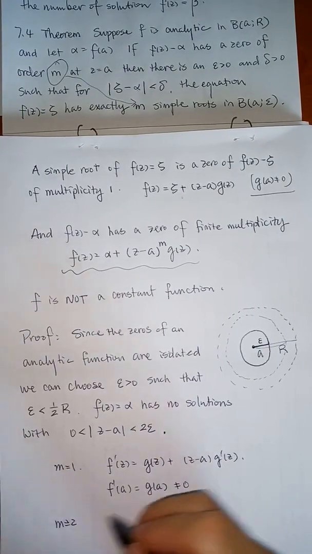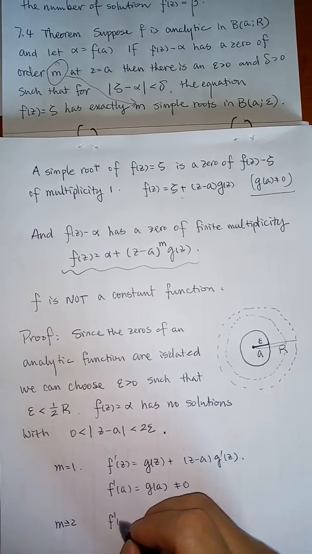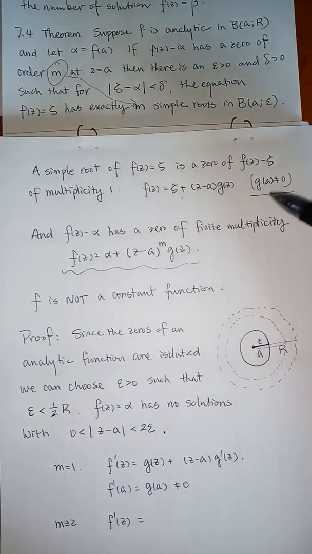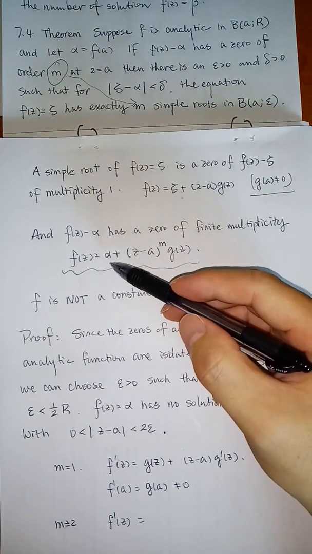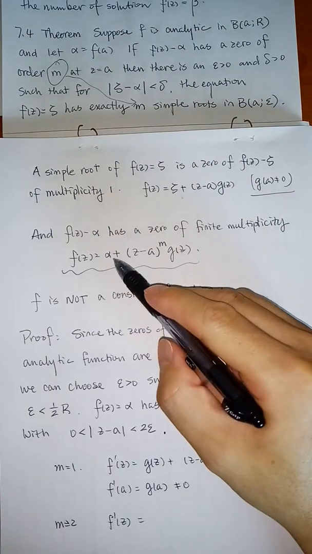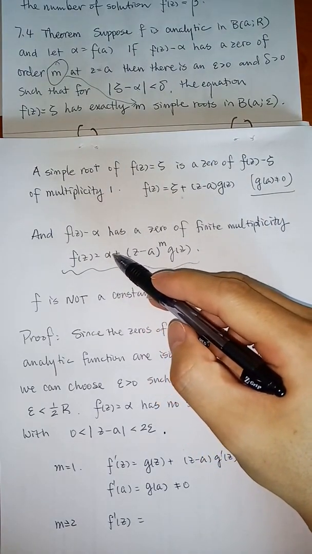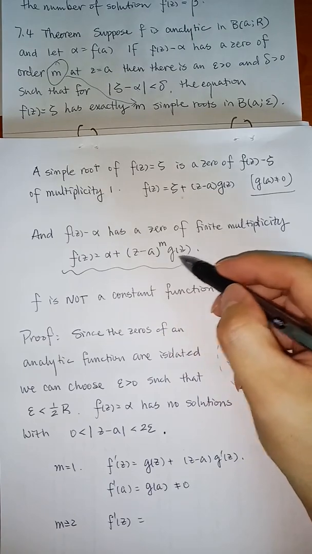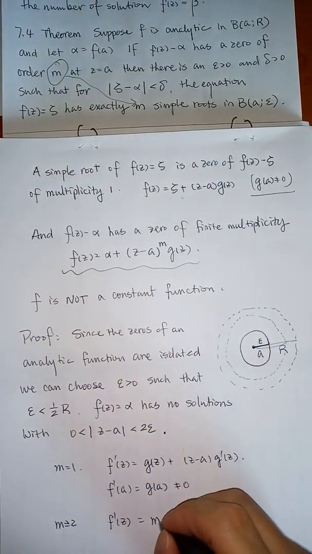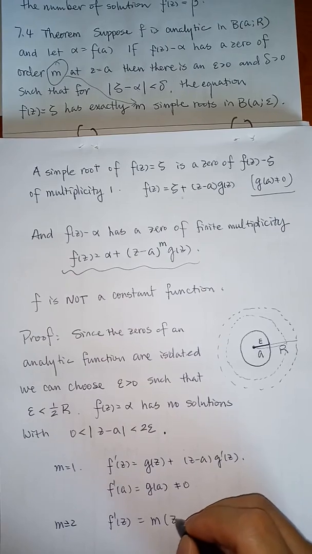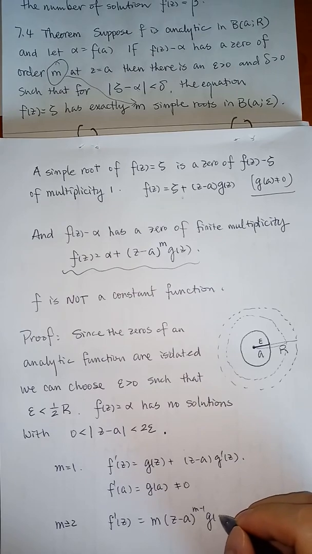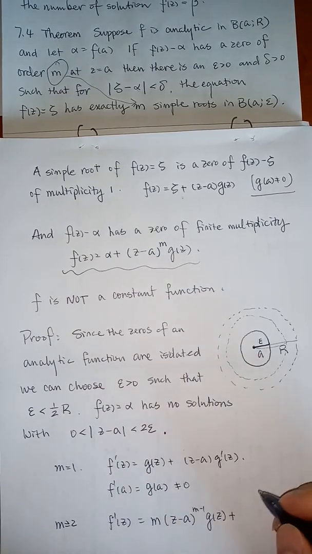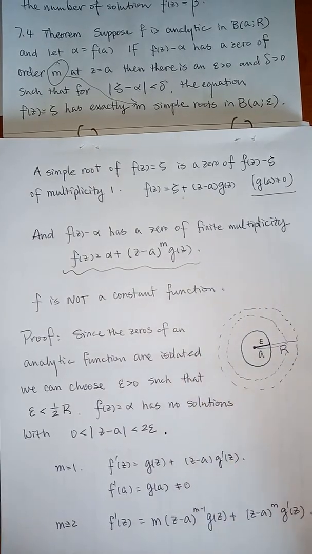If m is greater than or equal to 2, then what is f prime? The formula is like this. We differentiate the term; the constant term always disappears. The second part will have m times z minus a to the m minus 1 times g of z, plus z minus a to the m times g prime of z.